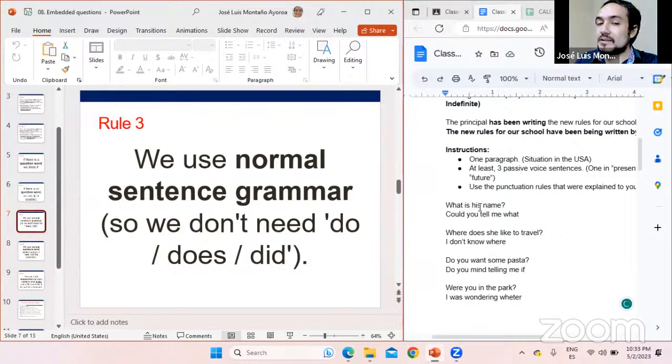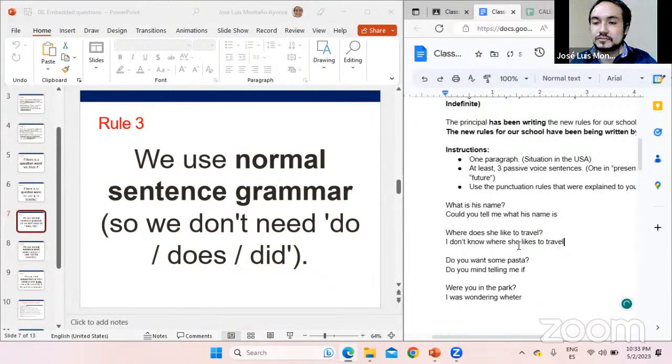His name, that's the subject, is the verb, right? So what his name is, okay, we are missing some things, but that's the order. Here, does she like to travel? So where, what is the subject? She, the verb, likes, the complement, travel.